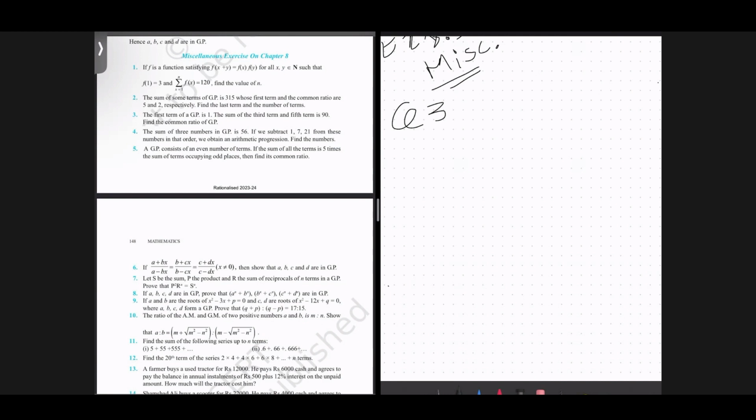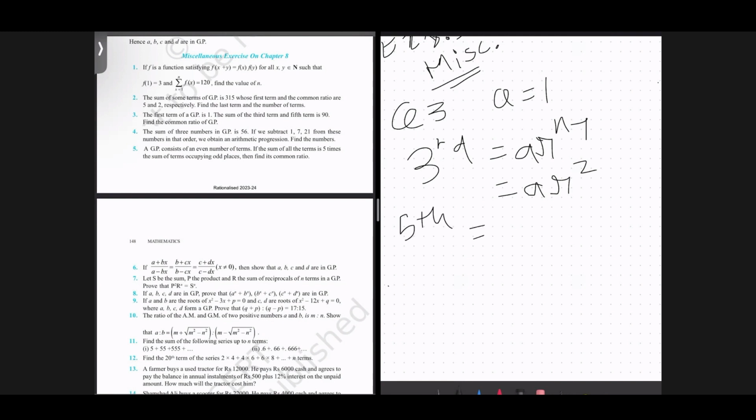The third term is going to be a r^(n-1), and that's going to be a r^2. The fifth term is going to be a r^(5-1), that's going to be a r^4.